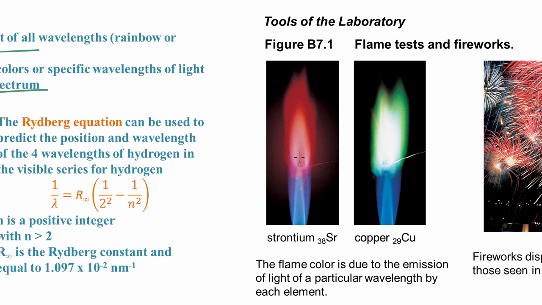So you'll see red in that flame. And that red color is due to the emission of light of a particular wavelength, in this case red light by strontium.